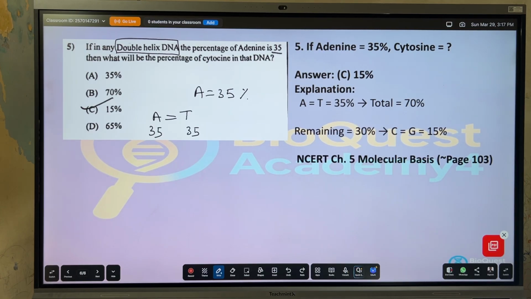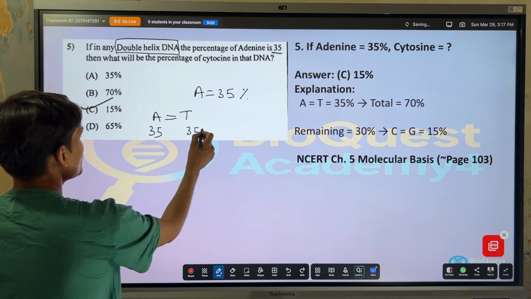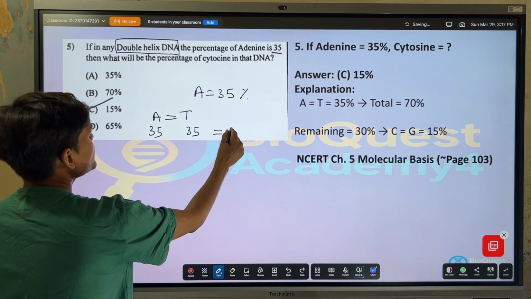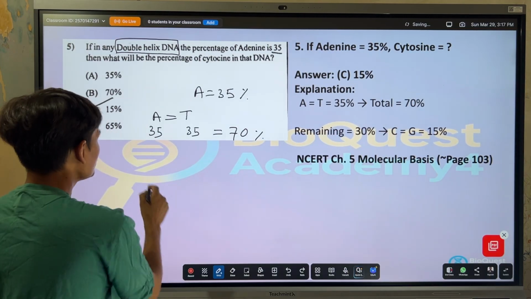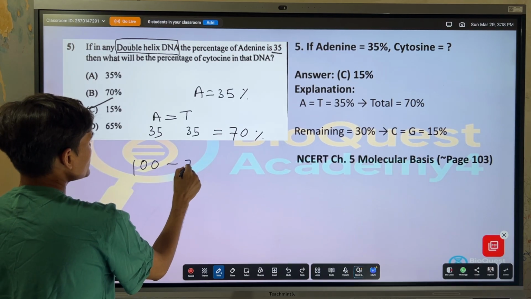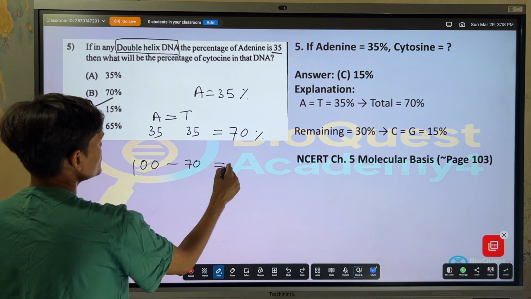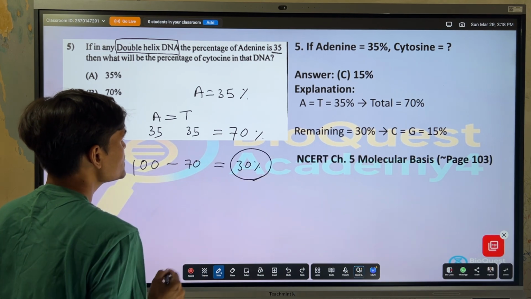So adenine equals thymine equals 35. Now the total will give me 70 percent. Now just simple, 100 minus 70, what will be the answer? 30 percent. So 30 percent is remaining.